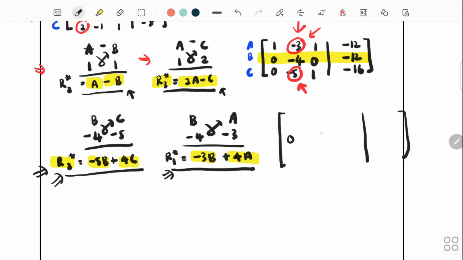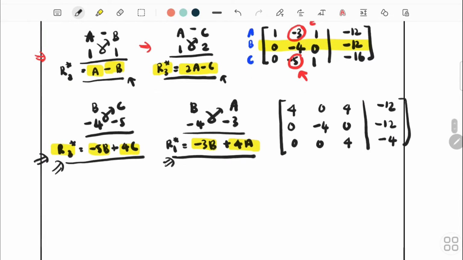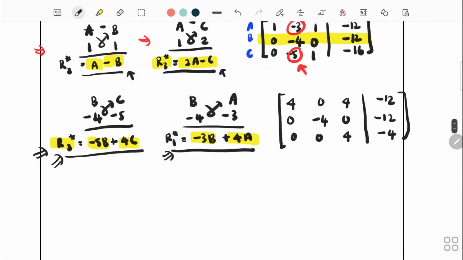So just maintain the second row, which is 0, -4, 0, -12. So we are getting the new R1 and the new R3. The new R1 that you will get is 4, 0, 4, -12. And the new R3, which is the same as the Gaussian elimination method that we have done before this, is 0, 0, 4, -4. So now we get the new one.